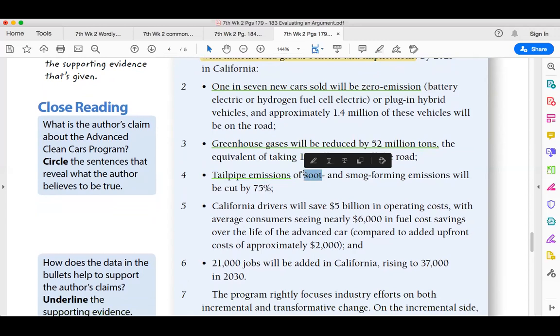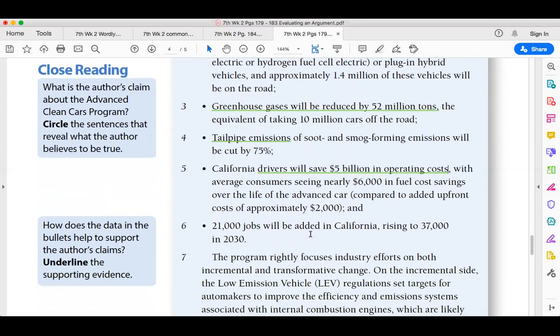Ever get behind a car that's got all that junk coming out? They stink. I hate getting behind those kinds of cars. All right, look at number 5. California drivers will save $5 billion in operating costs. That would be nice, to save money, cutting down on fuel. And then number 6, 21,000 jobs will be added to California based on this.